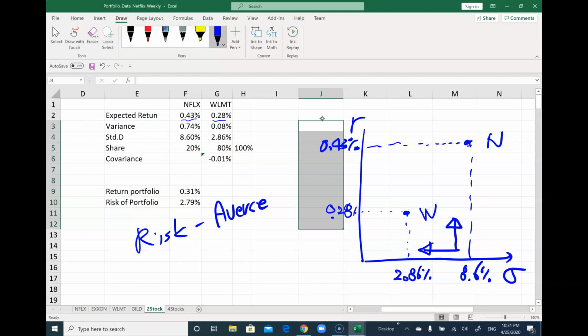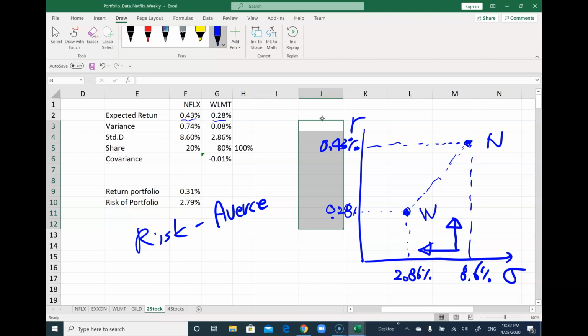So it would be really nice if we can find a portfolio that can move to the left and up in the graph, because this is a linear combination of Walmart stock and Netflix stock.